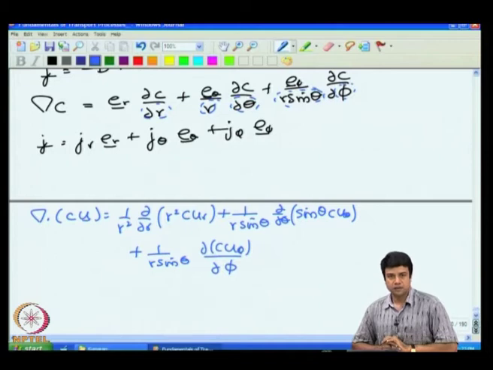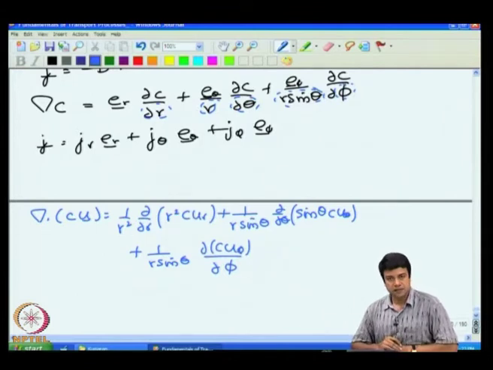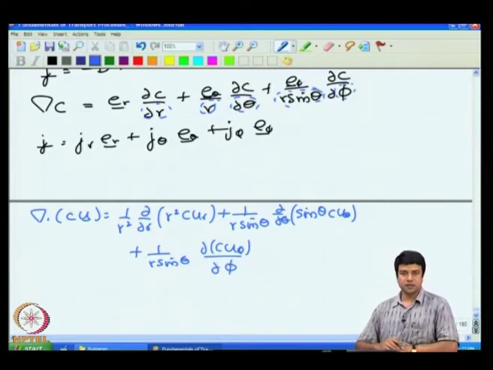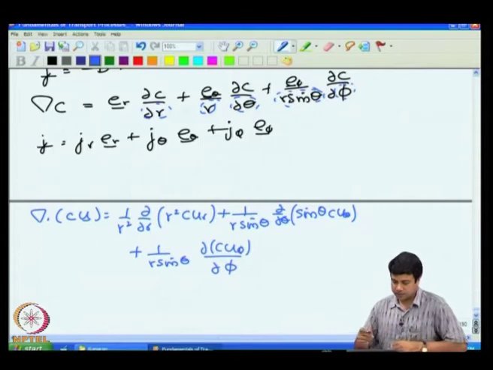Previously, in a Cartesian coordinate system, our gradient was just equal to Ex d by dx plus Ey d by dy plus Ez d by dz. In this case, it is more complicated because the theta and phi coordinates do not have dimensions of length. Similarly, in the case of Cartesian coordinates, the divergence of c times u was simply defined as d by dx of c ux plus d by dy of c uy plus d by dz of c uz.